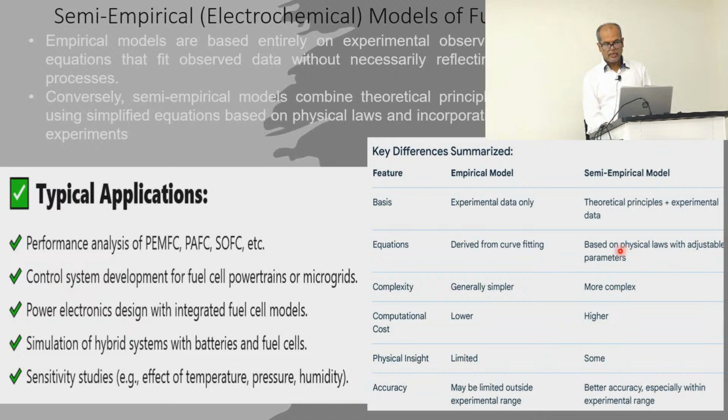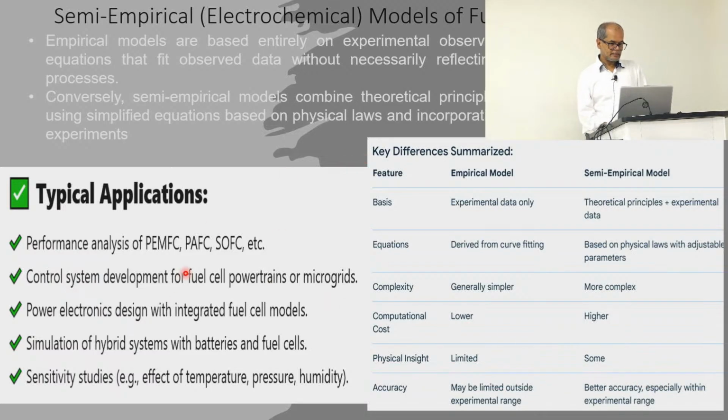This one is more like physical laws with some adjusting of parameters. It is slightly more complex, although not as complex as the detailed mathematical model, with slightly higher computational burden than that one, but definitely its accuracy will be higher.